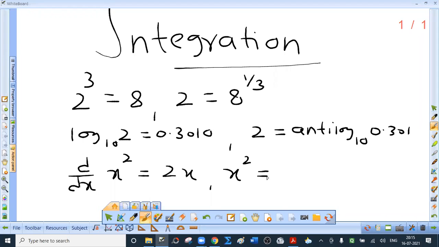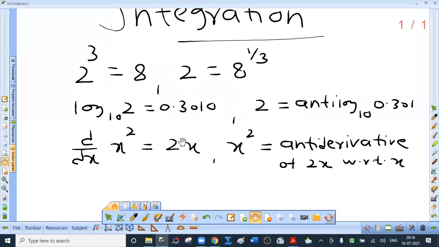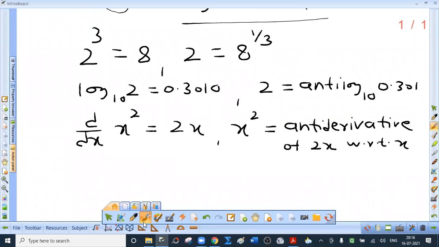No, it is antiderivative of 2x with respect to. WRT is the standard short form of with respect to. You need not write WITH. You need not give that much respect to it. Just say WRT. So x square is antiderivative of 2x with respect to x.